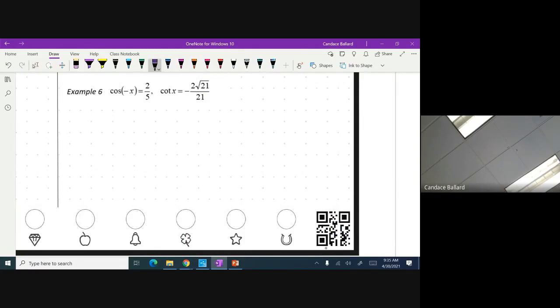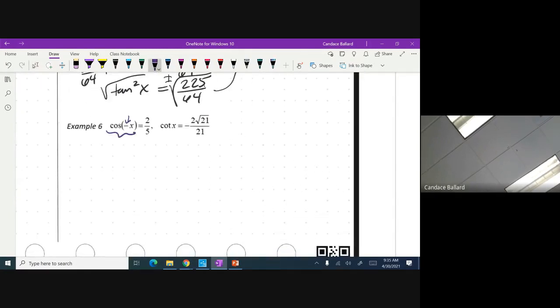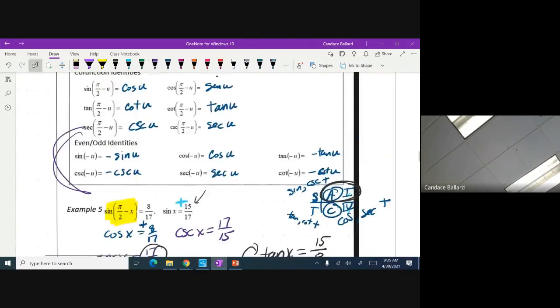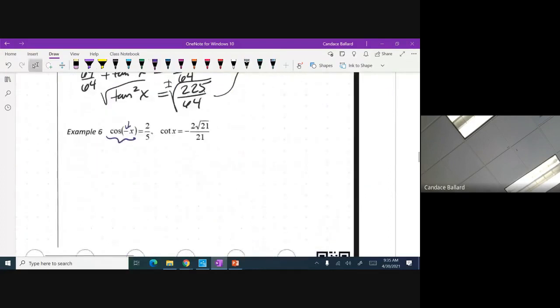So when we have a cosine of a negative x, I know that I can replace this. If I go back and look, I replace it with just cosine of x. So again, they gave me cosine of x equals 2/5. I substituted in. Okay, this one definitely looks a little bit uglier, doesn't it? It's not as pretty.